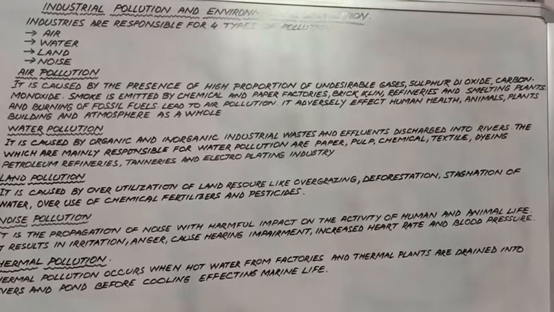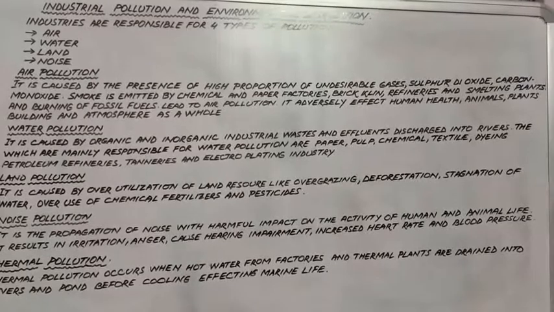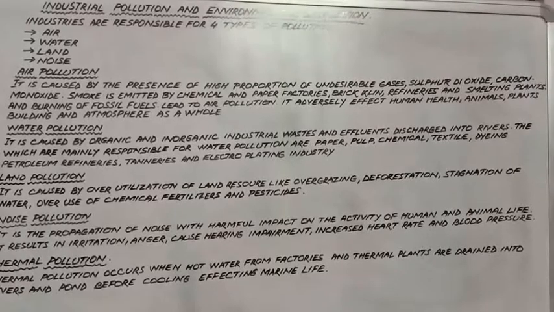The main industries responsible for water pollution are the paper industry, the pulp industry, the chemical industry, the textile industry, dyeing, petroleum refineries, tanneries, and electroplating industries. These are the most polluting industries in case of water.